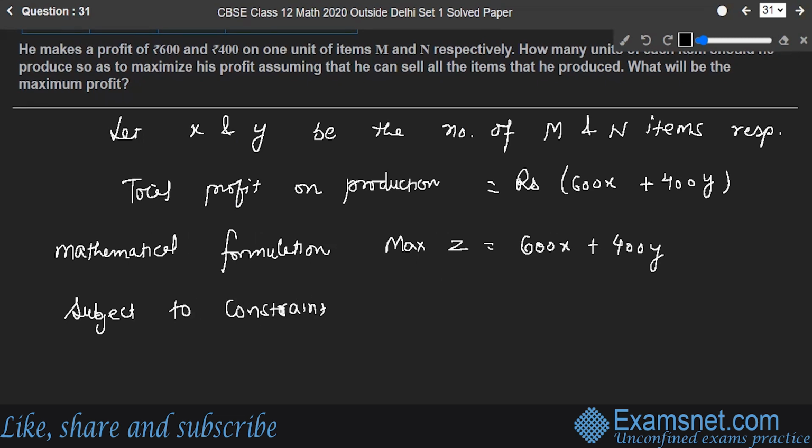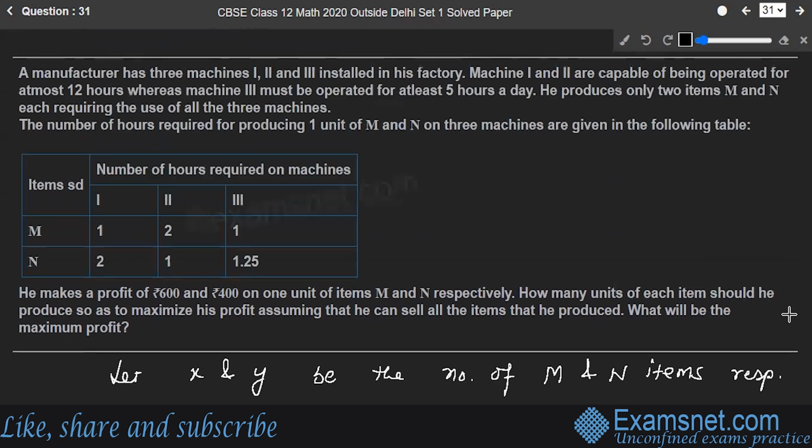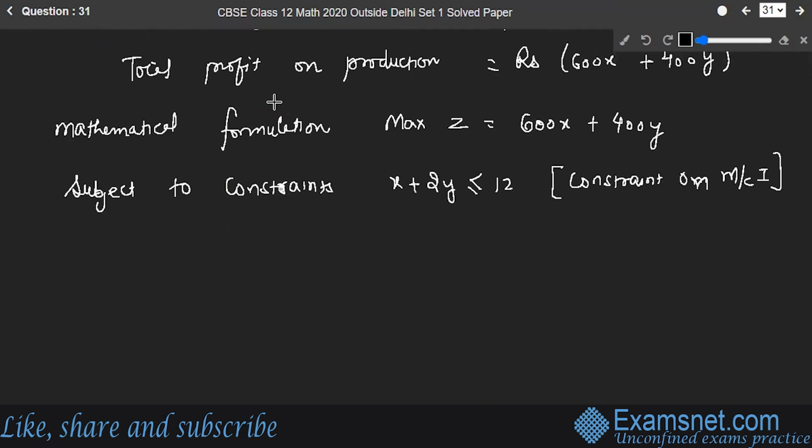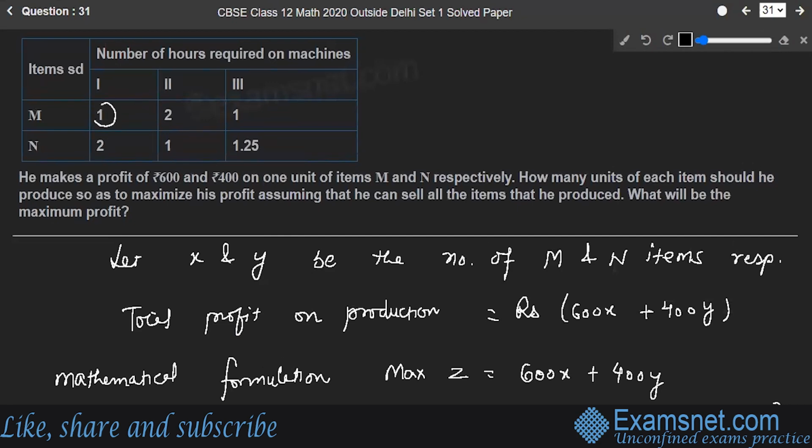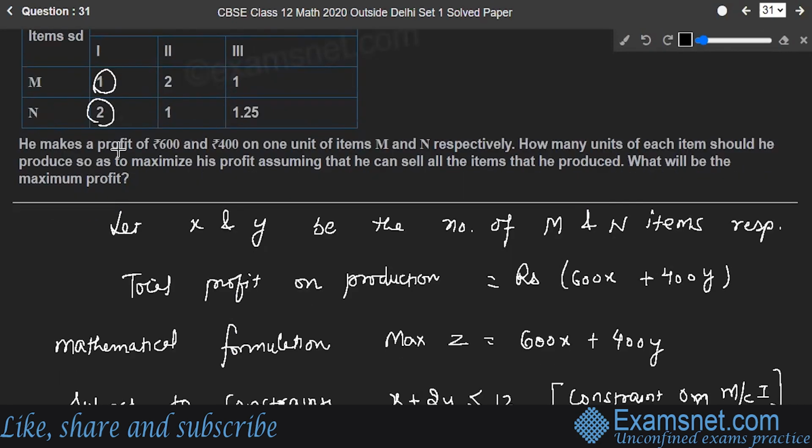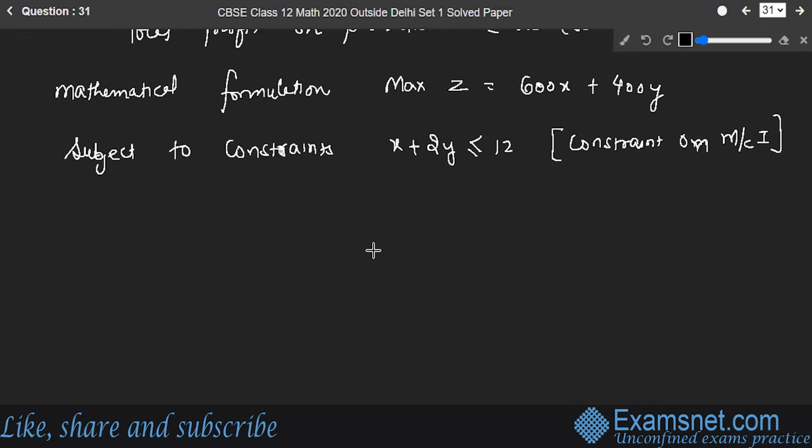So you are given constraints that x plus 2y should be less than equal to 12. Constraint on machine 1. See from here, it is said 1 and 2 are capable of being operated at most 12 hours. So here M is working for 1 and N is working for 2 hours for one product of M and N respectively.